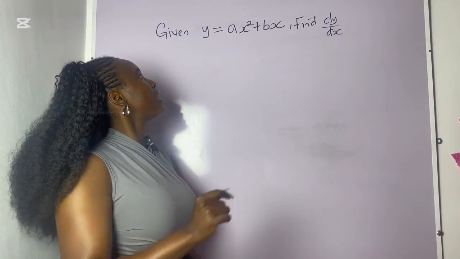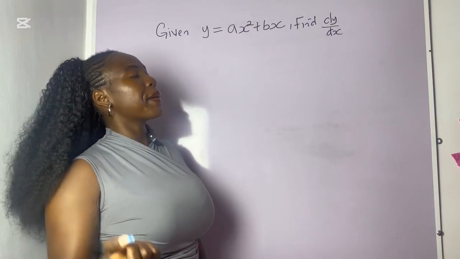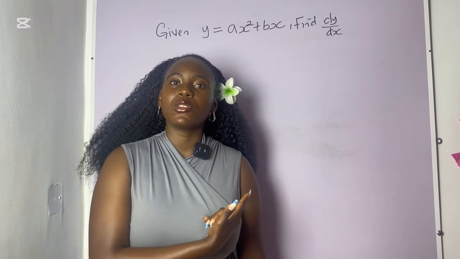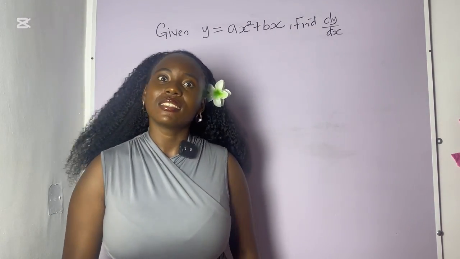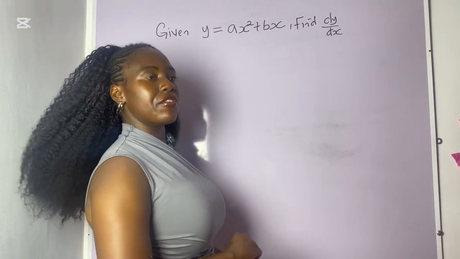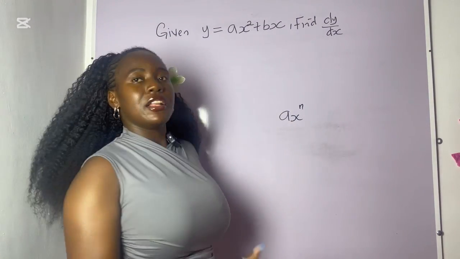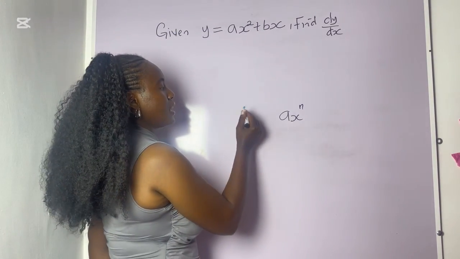We have on the board here, given y equals ax squared plus bx, find dy/dx. Here we're going to use what's called the power rule. And what does the power rule say? The power rule says that if you have ax^n, how do you differentiate this? Let's say this is f of x.